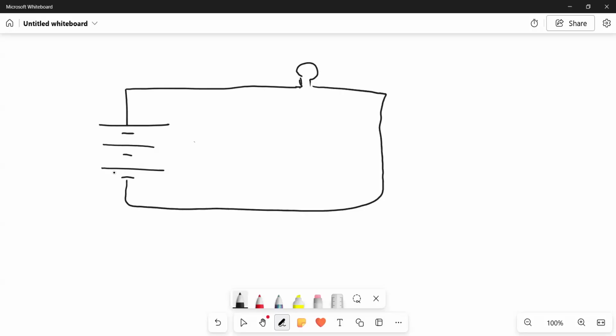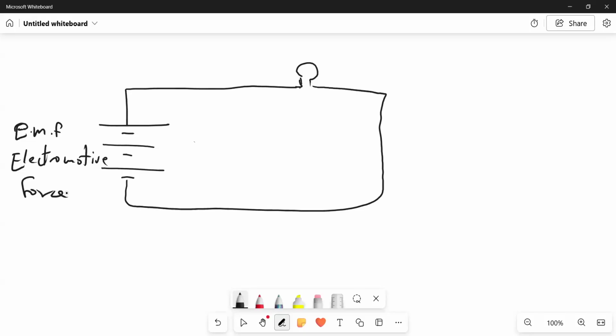So we've got a bulb, and it goes like this and it comes like this. Good. Now the power source, or the energy source, is going to produce something called an EMF, right? Some use lowercase, some use capital. An EMF, which is an electromotive force.